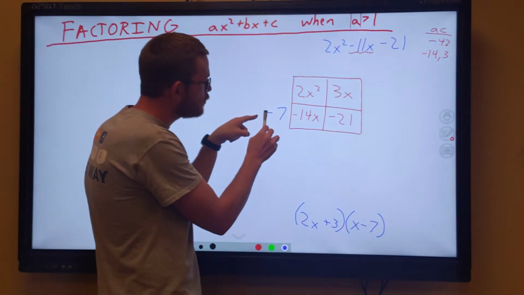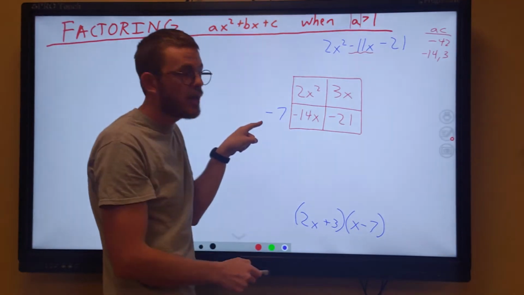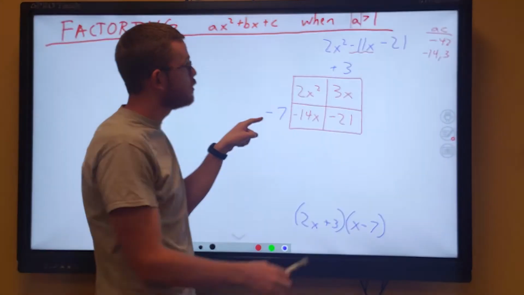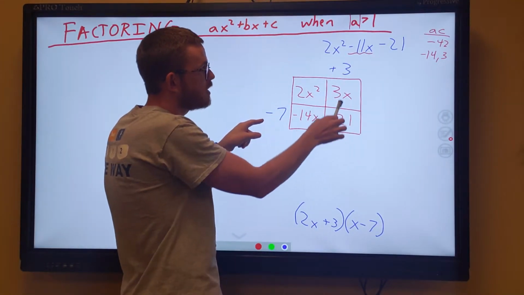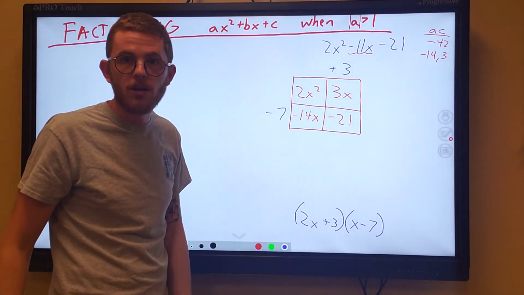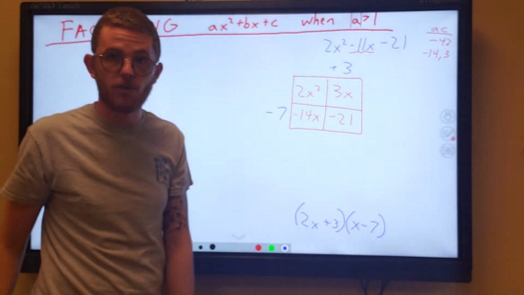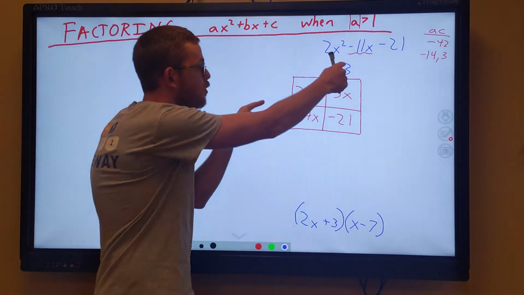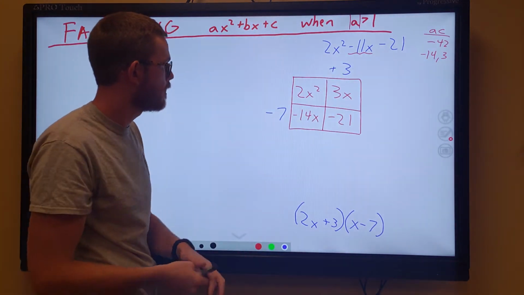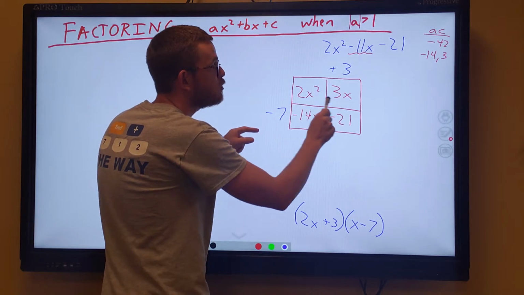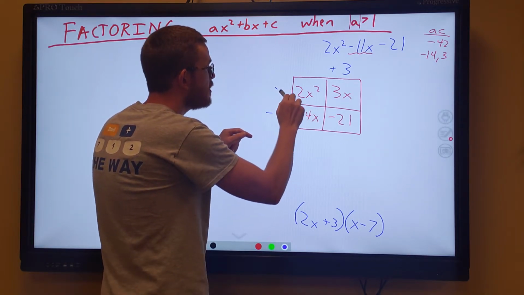What has to multiply by negative 7 to get negative 21? A positive 3. Notice that positive 3 is also what's in common in this row right here. So these two things multiply to get negative 21. Right here in this row, think about what's in common in these two terms. The only thing in common is an x.